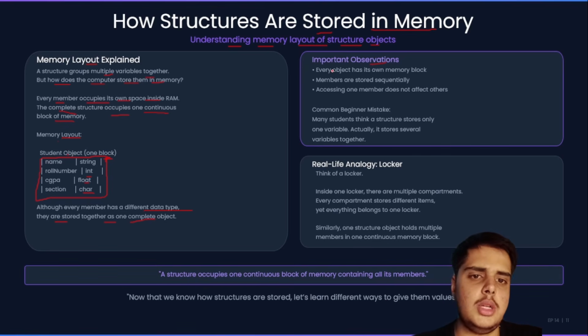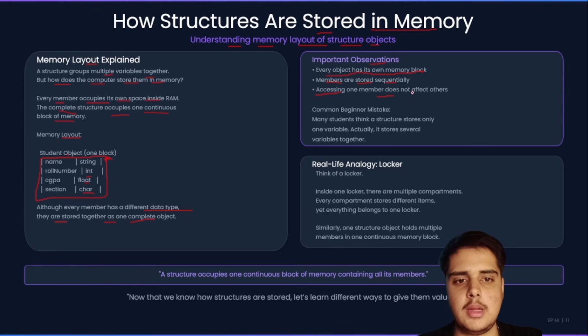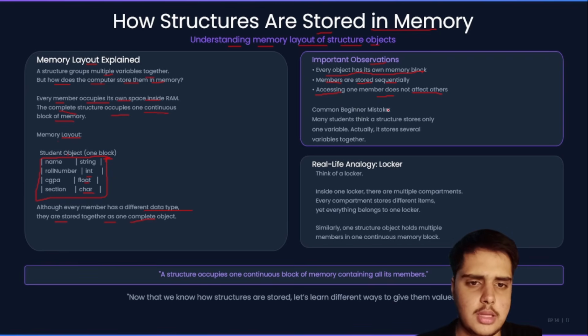An important observation is that every object has its own memory block. Members are stored sequentially, and accessing one member does not affect others. A common beginner mistake is that many students think a structure stores only one variable, but actually it stores several variables together. A real life analogy is a locker.